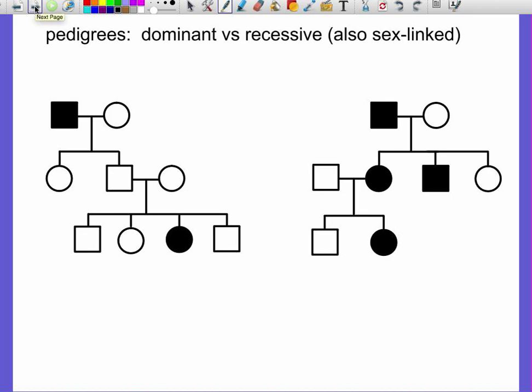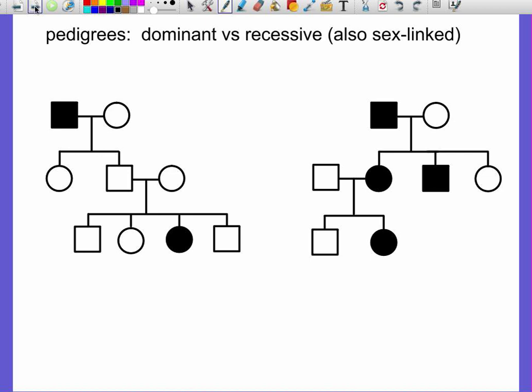So these two pedigrees on this page are examples that we're going to work with, right? One of these pedigrees is going to be recessive for sure. The other one, we're going to do it like it's dominant, although it could possibly be recessive, so we'll also be doing that as well. So if you draw the first one once, the second one you're going to have to draw twice.